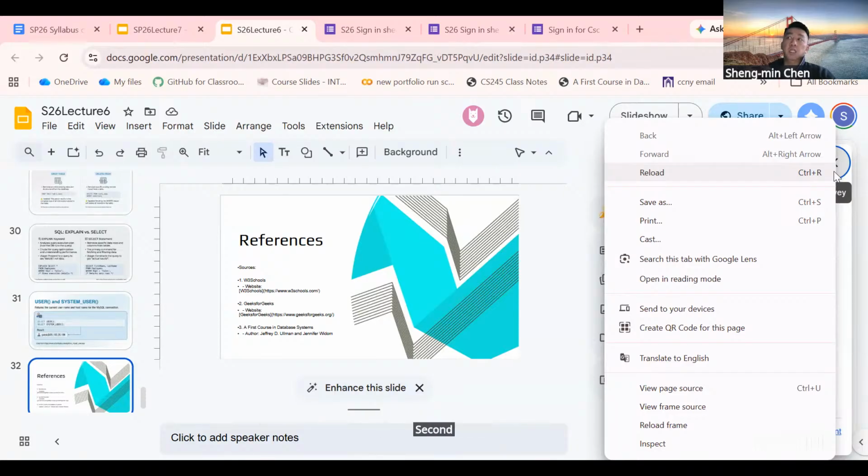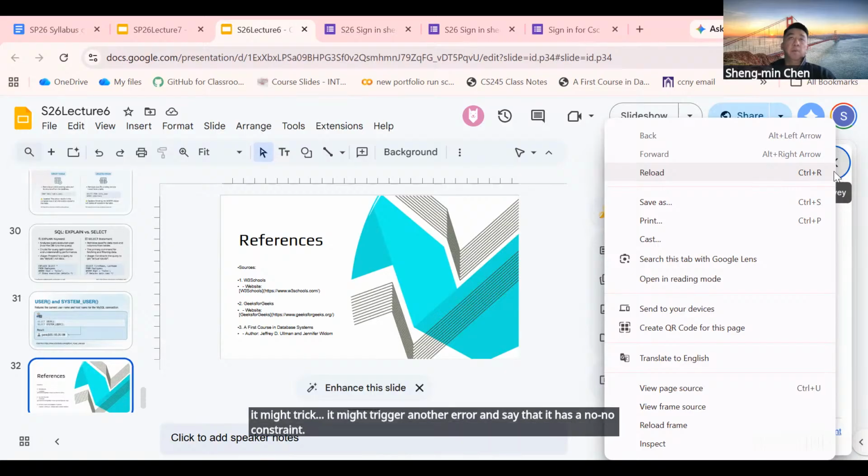The second part is whether, when the row actually gets deleted and then it's set to null, it might trigger another error saying that it has a not null constraint so that it will block you.